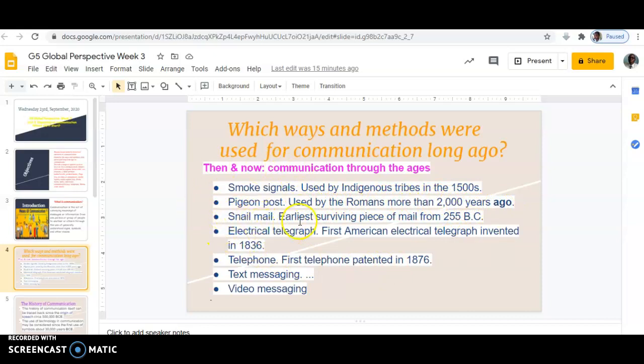Snail mail, the earliest surviving piece of mail from 255 BC. Electrical telegraph, the first American electrical telegraph invented in 1836. Then we have the telephone, first patented in 1876. Then came text messaging, video messaging, and all that.